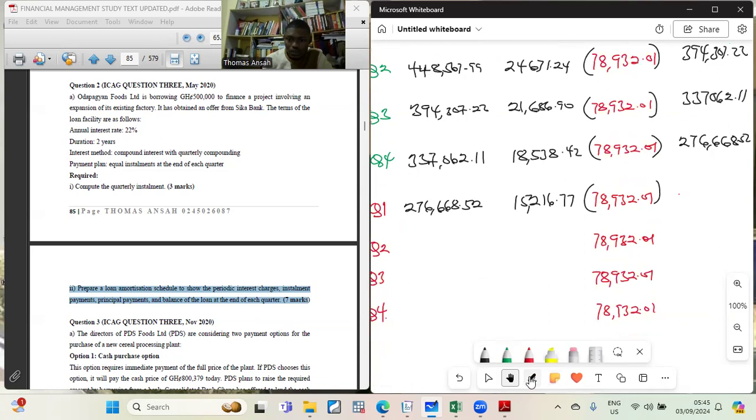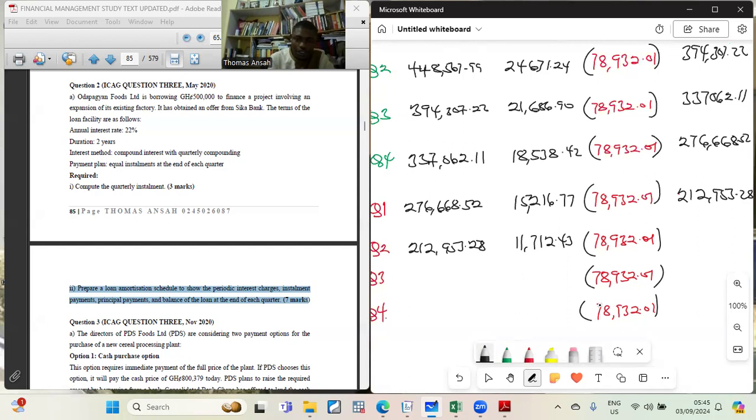All right, then I get 212,953.28. 212,953.28 multiplied by 0.055 gives me 11,712.43. I take off my periodic payment, so minus 78,932.01.